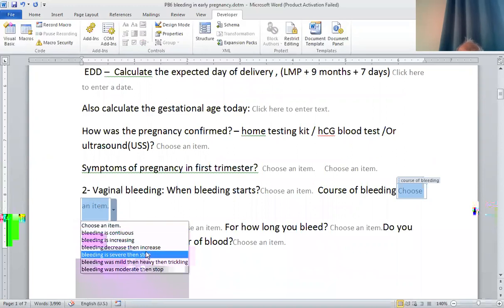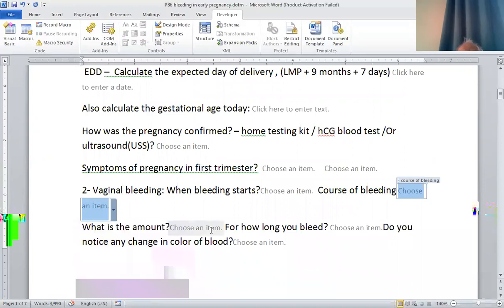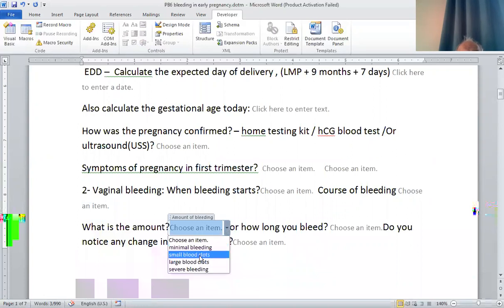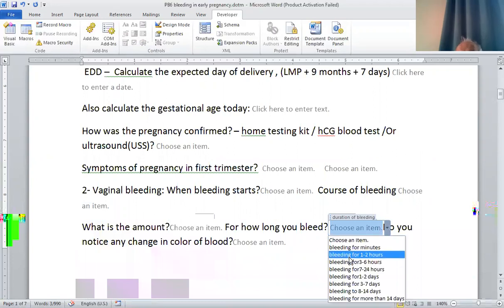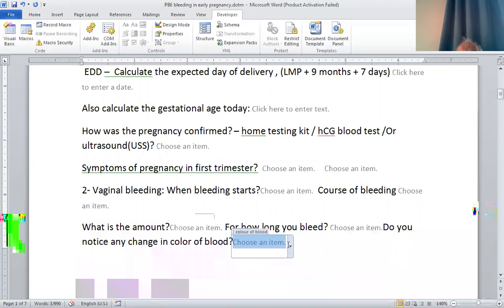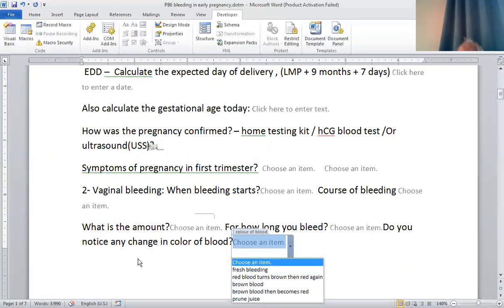We will ask about the amount of bleeding, minimal or large amounts, and whether it lasts for minutes, hours, or days. We will ask about any change in the color of the blood: fresh red blood turning brown, or brown blood then becoming red, or brownish discharge.